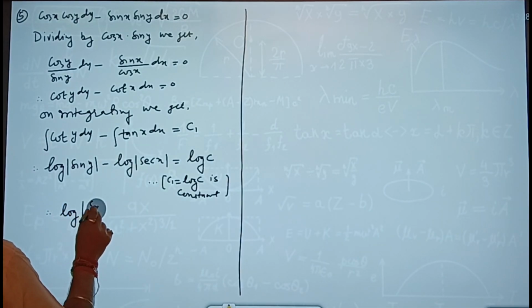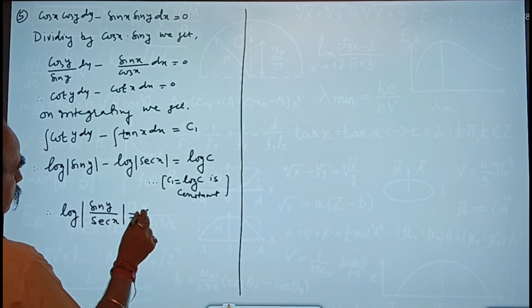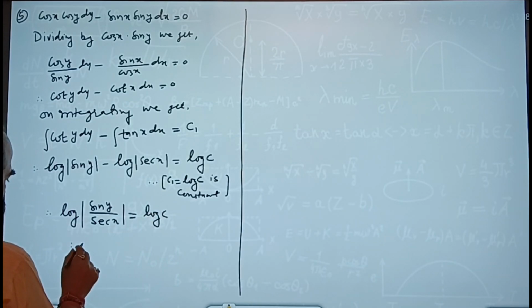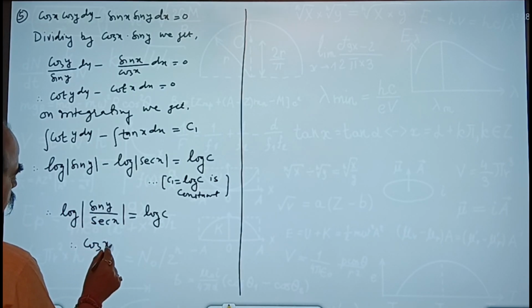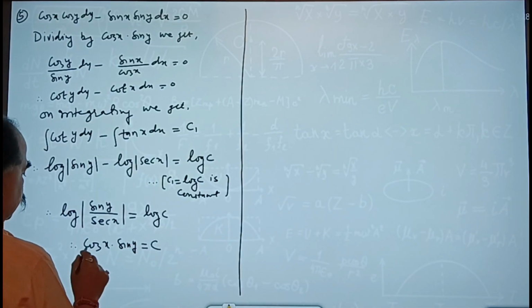Log of sin y upon sec x, therefore log will get eliminated. 1 upon sec is what? Cos. So cos x into sin y is equal to c.